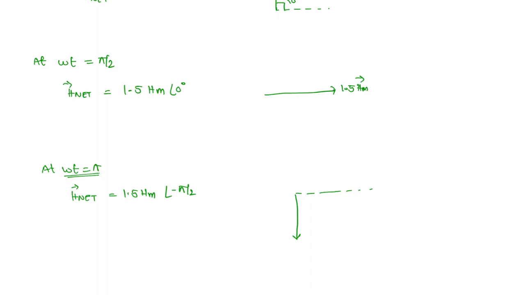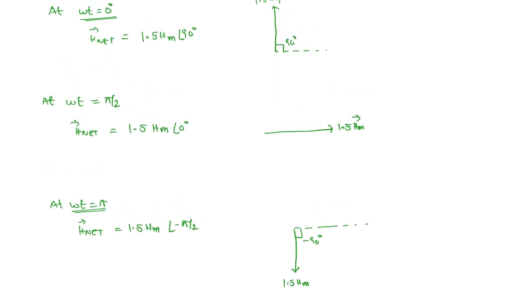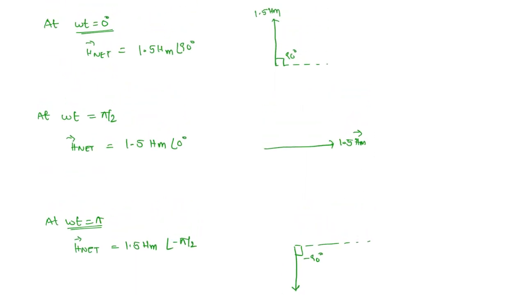Minus 90 degrees will be in this direction. Magnitude is once again remaining same. Similarly, you can see that for omega t is equal to 3 pi by 2, the angle will be here. So the vector, you can see, effectively is rotating in the clockwise sense, while the magnitude is remaining the same. Initially it was here, then it has come here, then here. So it is going in the clockwise sense.